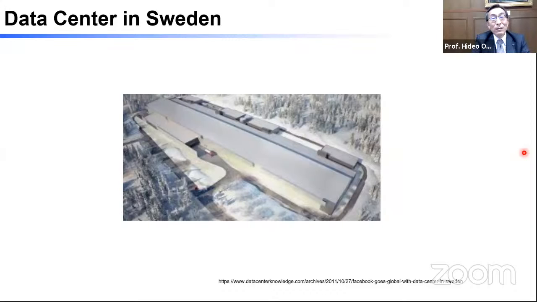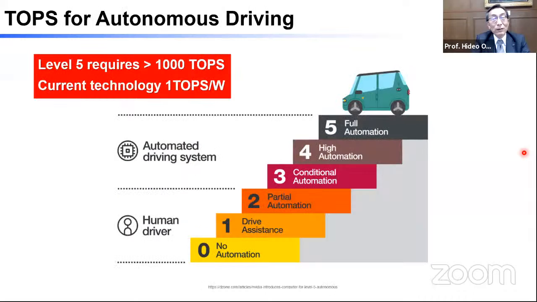Another thing is that consuming a huge amount of electricity is not the only issue. For example, if you think about autonomous driving, this TOPS, trillion operations per second, performance is important. And level 5 autonomous driving, which is basically you don't have to do anything to drive a car, requires 1,000 TOPS.